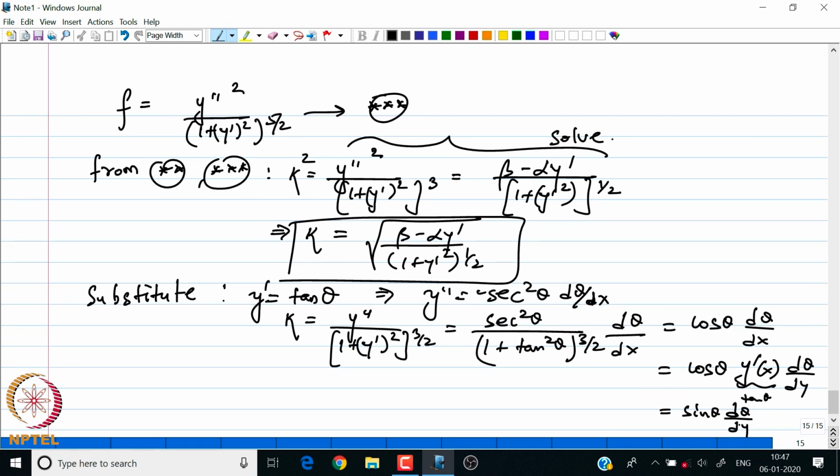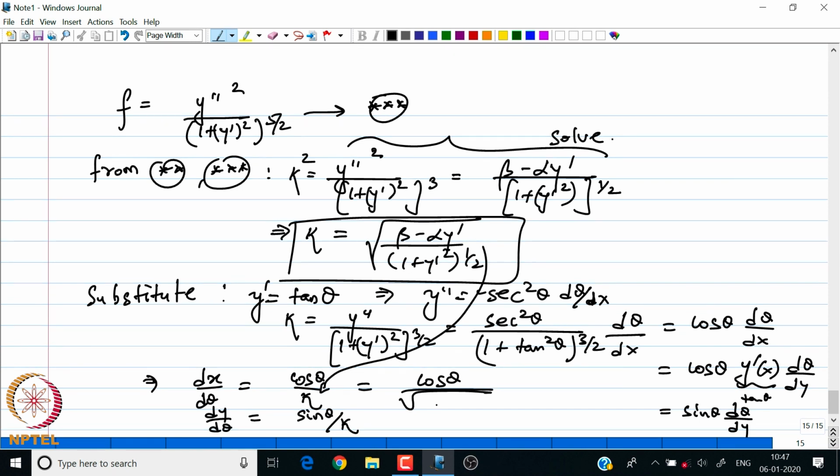Okay. So, from here I get a set of two relations. I get that my dx d theta is equal to cos theta by kappa, and my second relation is dy d theta is equal to sin theta by kappa, where my kappa can be replaced by this particular quantity, which is cos theta divided by square root of... So, replacing this using this particular substitution, I get that this is also equal to square root of beta cos theta minus alpha sin theta, right, after using this substitution.